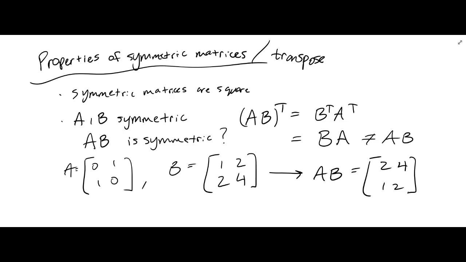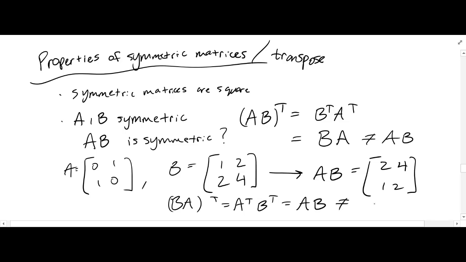BA transpose is A transpose B transpose, which is AB, which means AB is symmetric? No, because BA transpose is not equal to AB transpose. Yeah, being symmetric means it's equal to its own transpose.